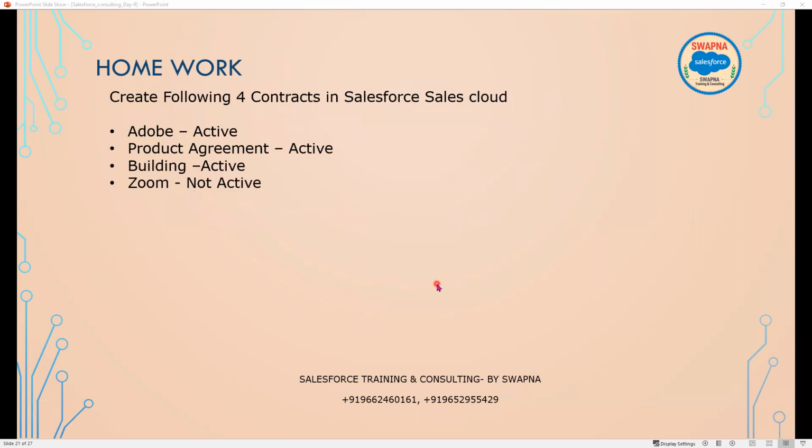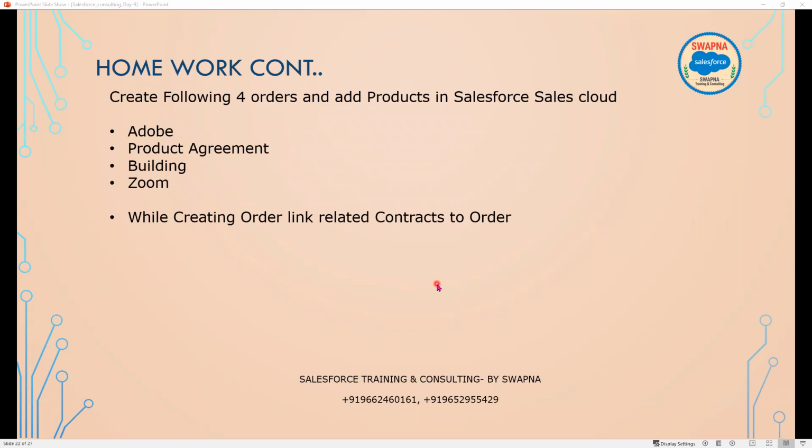Now also create 4 orders and add products in Salesforce Sales Cloud. The first order is ad hoc, the second is product agreement, the third is billing, and the fourth is Zoom.